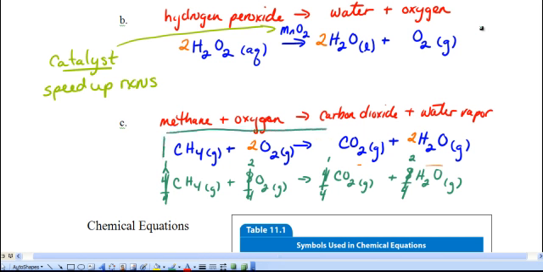And so when we balance equations, we are always looking for the lowest whole number ratio. Even though the one in green down below was in fact balanced before, that is not how we're going to express that reaction. You always want to reduce it to the lowest whole number ratio.